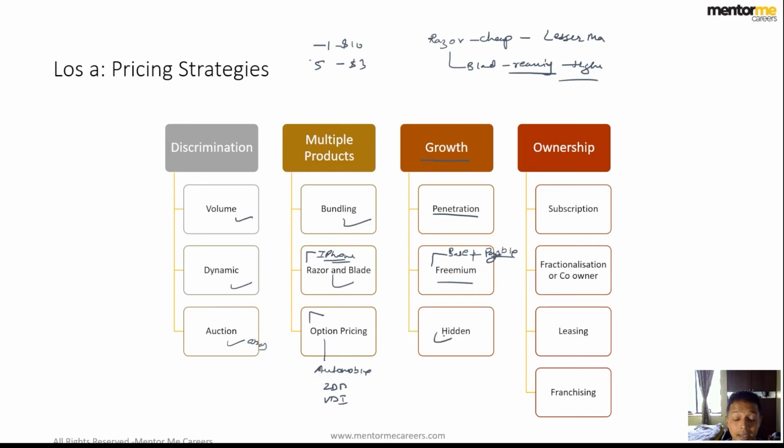Hidden is when one set of users is free, because they are the traffic. You need these people on your platform, but some other kind of user, so this might be another customer segment, pays for it.